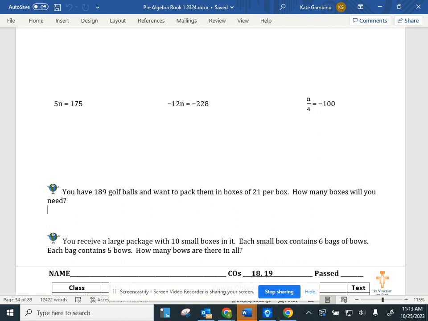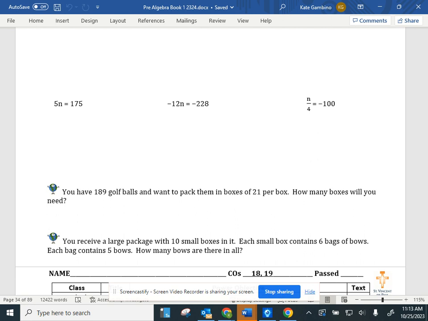I did something wrong. I might have written out my equation and found the value and done that part correctly, but I messed up with how I set my equation up. Because if I only have 189 golf balls, I definitely don't want 3,000 boxes. So make sure you're setting your equation up correctly, that your answer makes sense.